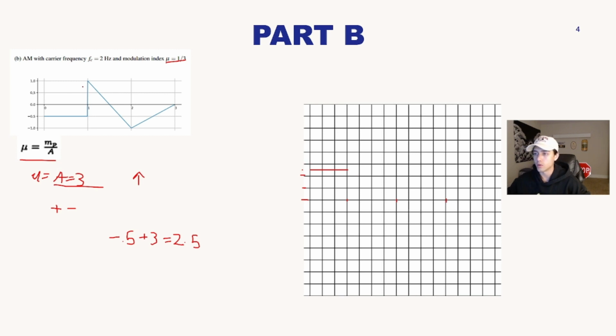So here we'll go from the 2.5 that we have to plus 3, 1 plus 3, which is going to be 4. So we're going to go to here, and then we'll go from negative 1, which is this one right here, to plus 3, which is going to be 2. So we'll go to down here.